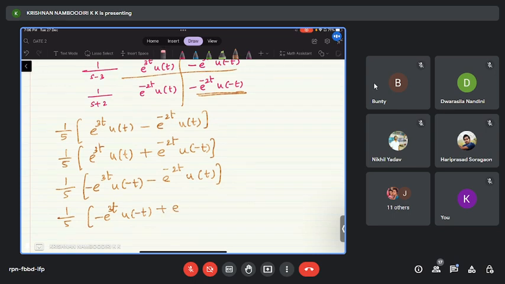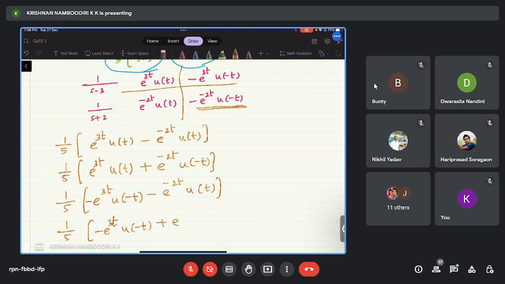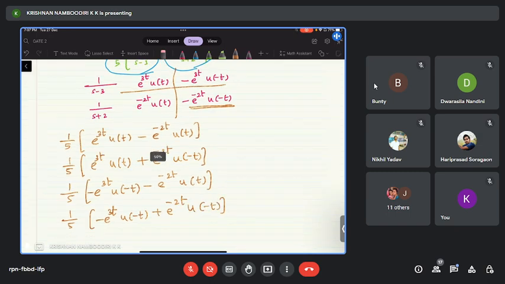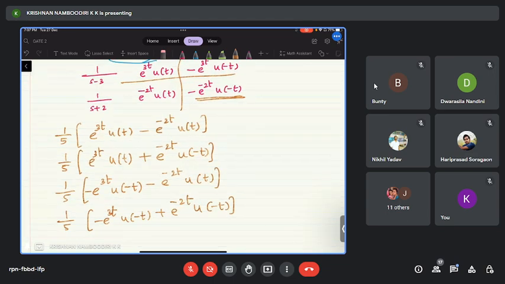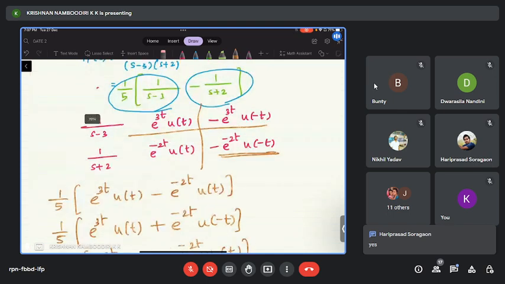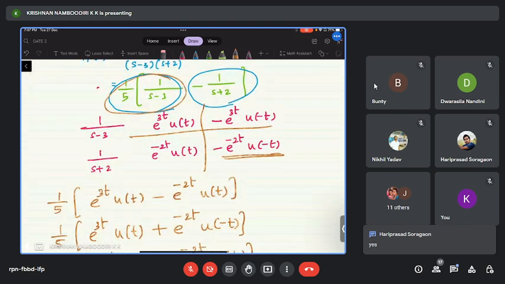The missing one is e^(-2t) u(-t). So everybody understood what I am doing? Basically this can have 2 inverse Laplace transforms, and similarly this can also have 2, corresponding to the region of convergence.